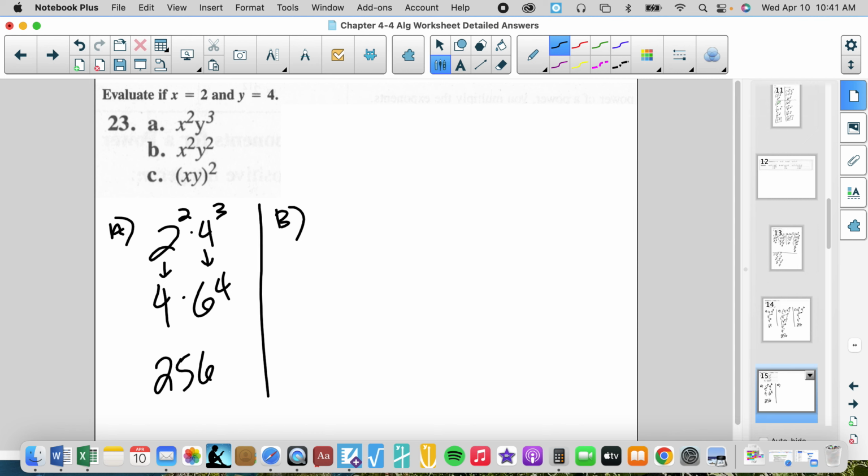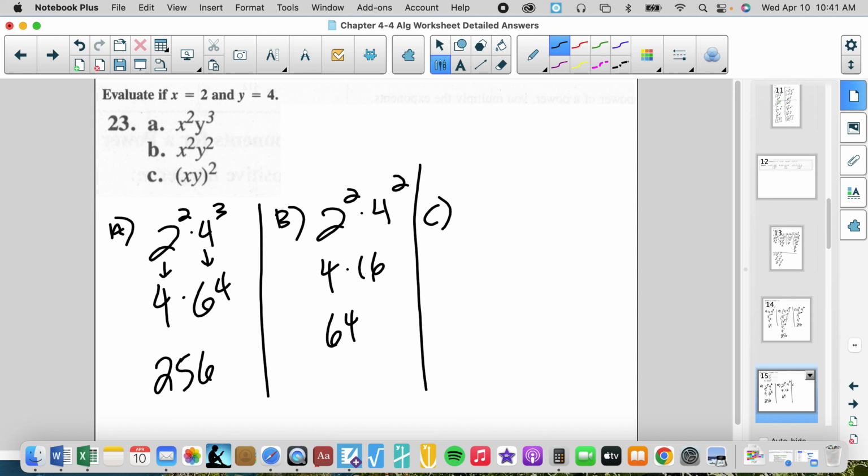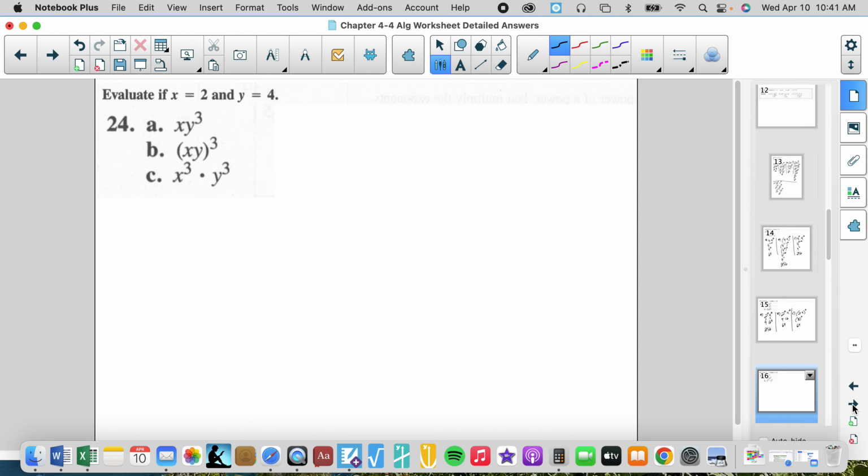B is 2 to the second times 4 to the second, which is 4 times 16, which is 64. And C is going to be 2 times 4 to the second, which is 8 to the second, which is 64. All right. These are pretty good.